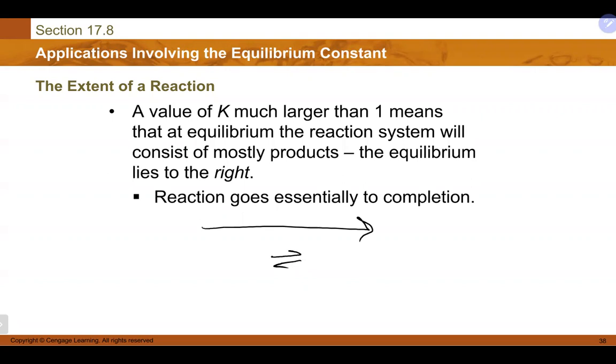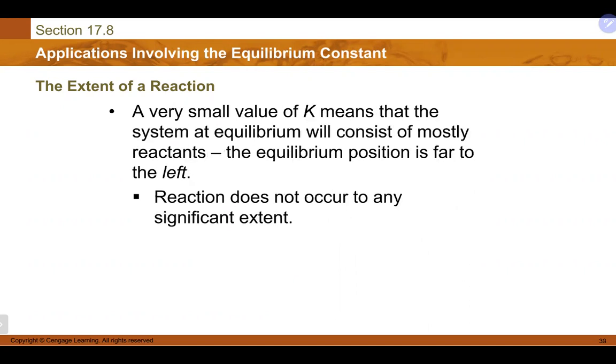But even a reaction like that, where essentially everything is going to go to the product side, is still a reversible reaction. So you would still have just a smidge of those products coming back the other way. But for the most part, everybody is heading to the product side. The same thing would happen if you had a really small value of K, like 10 to the minus 36.